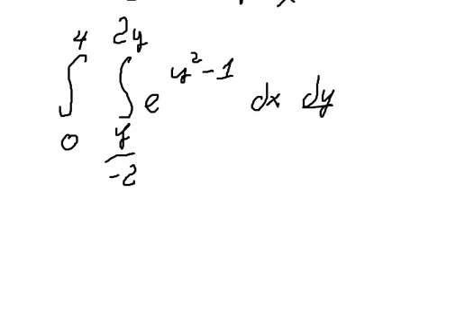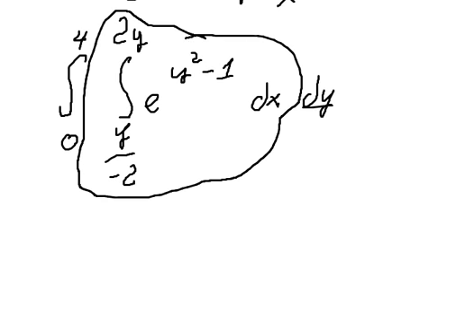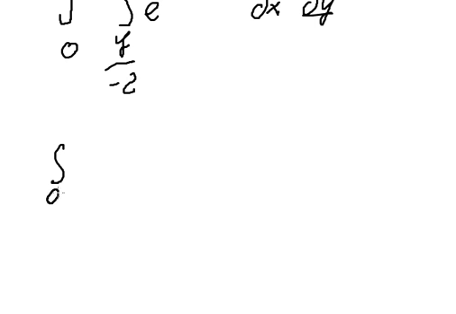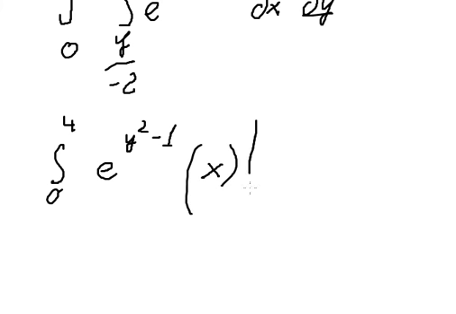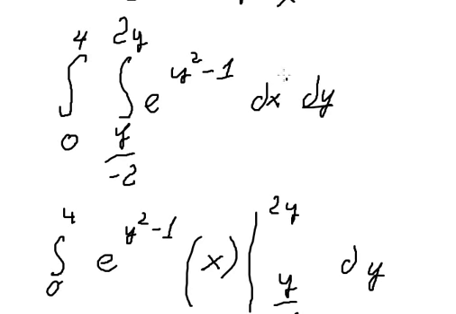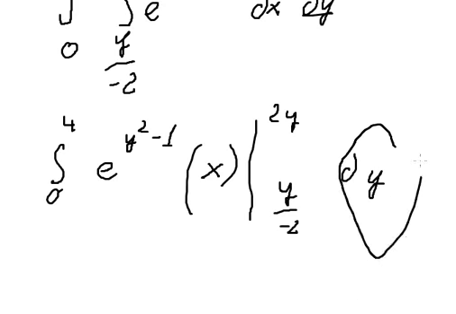And now we need to calculate these double integrals. So we don't have x, so that means we will get e to the power of y squared plus 1, and we have x in here. After we do the integration, we have the bounds from y over negative 2 to 2y. And we have dy, because we just did dx, now that's dy.